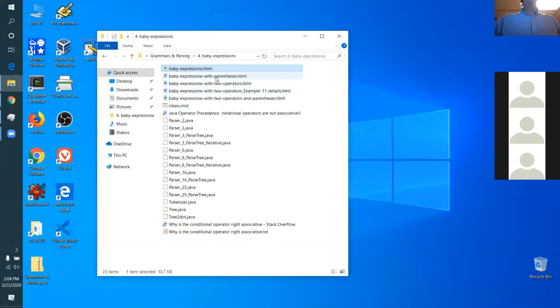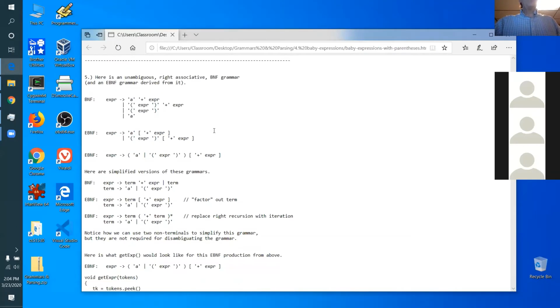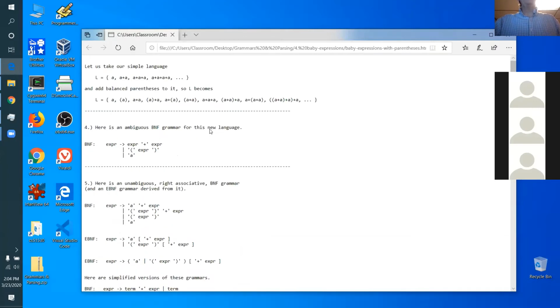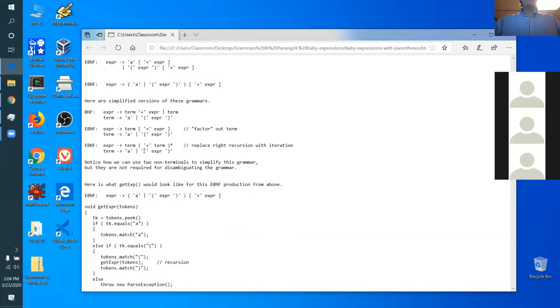Another thing we did was put parentheses in there. Parentheses let you group things, but they're not changing your precedence of anything. So this has only one operator, but it has parentheses. And again, you could make it left or right associative.